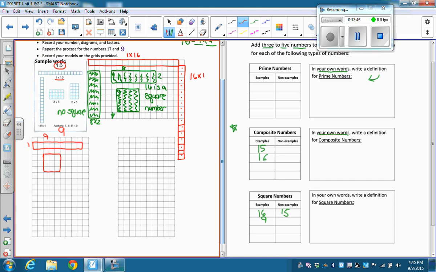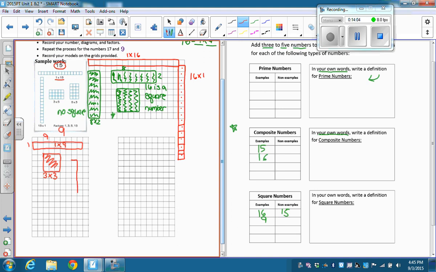So there's 9 squares there, and it makes one big square, right? So we would say 9 is a square number. And this is called a 3 by 3. And this was a 1 by 9. All square numbers, when you put them on the chart, they're squares.